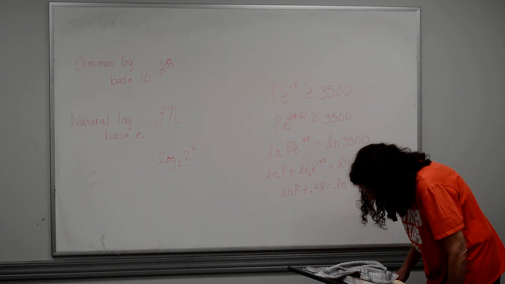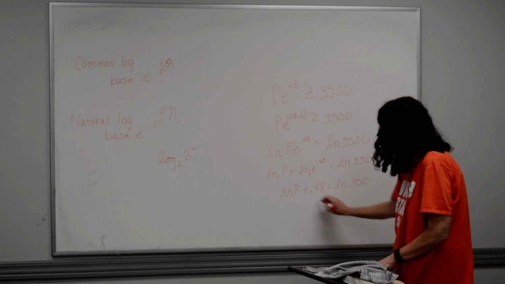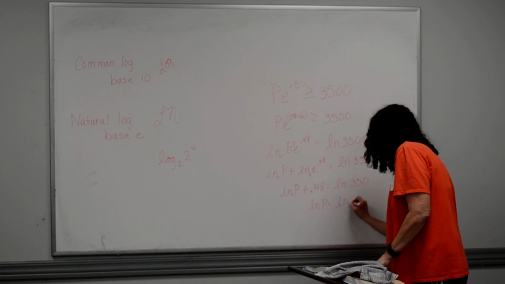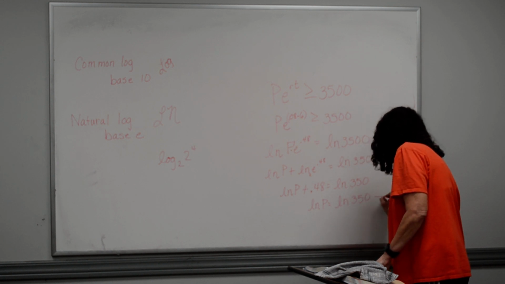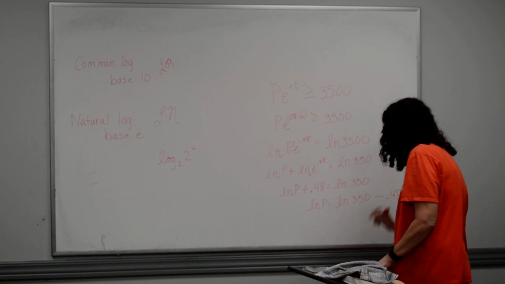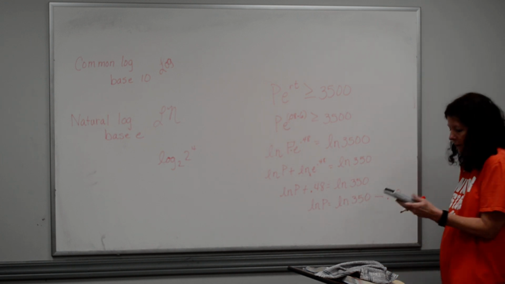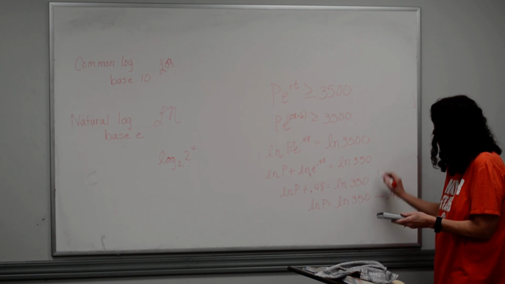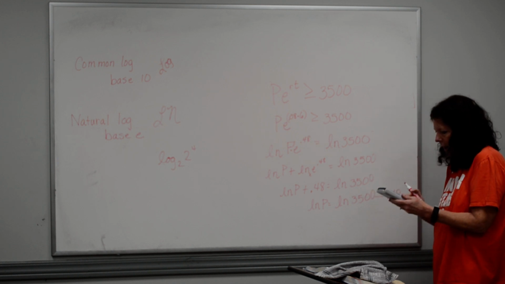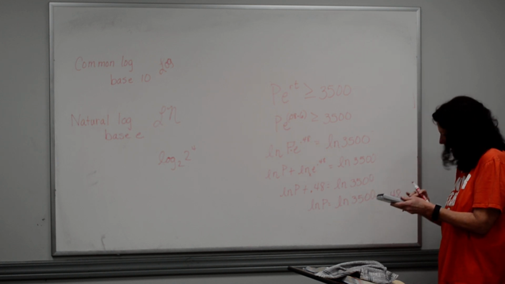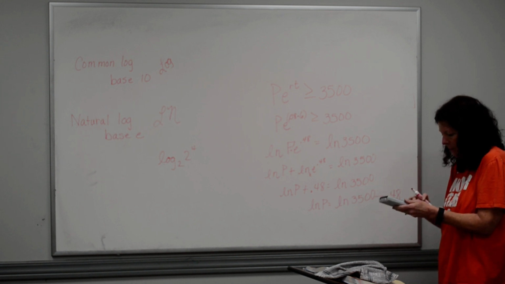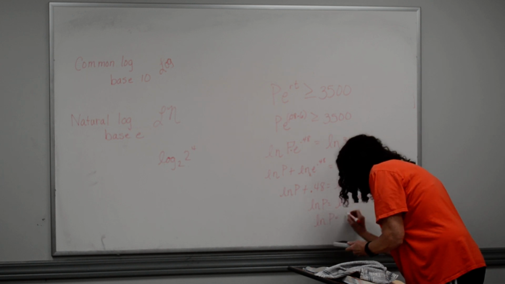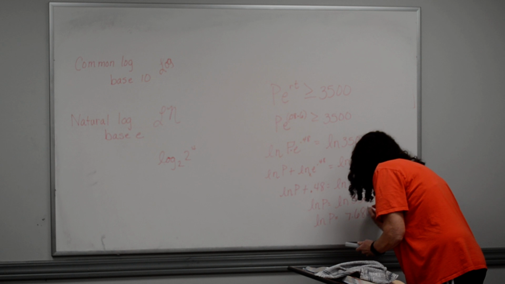Like I said, I don't know why they did this. Then what they do is subtract that over. The natural log of P is equal to the natural log of that minus 0.48. So I'm going to take the calculator and do the natural log of 3,500 minus 0.48, and I get the natural log of P is equal to 7.6805.